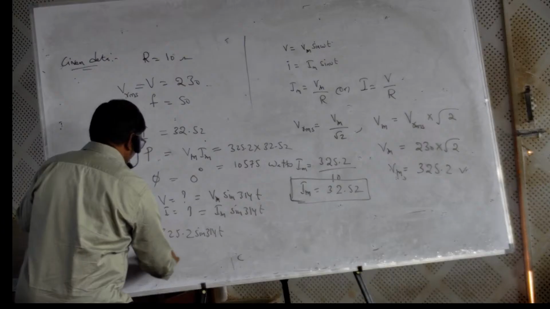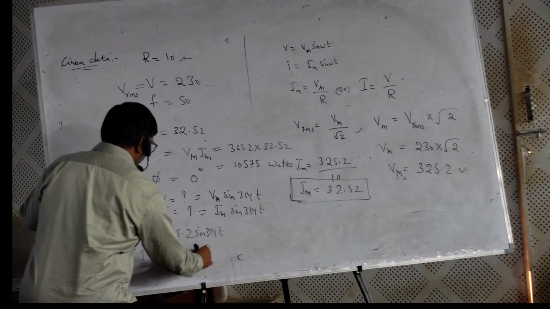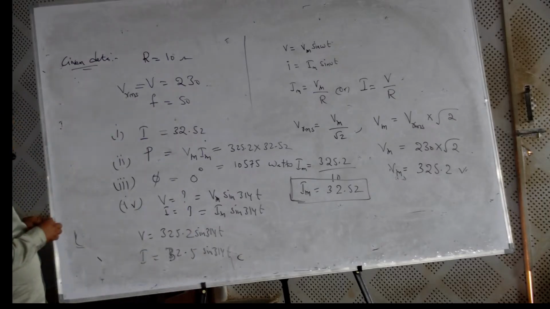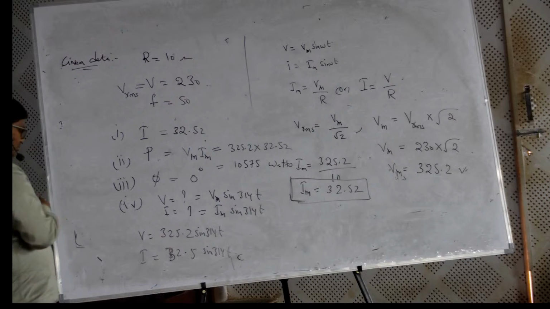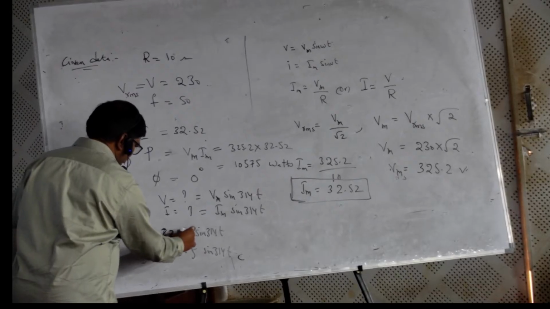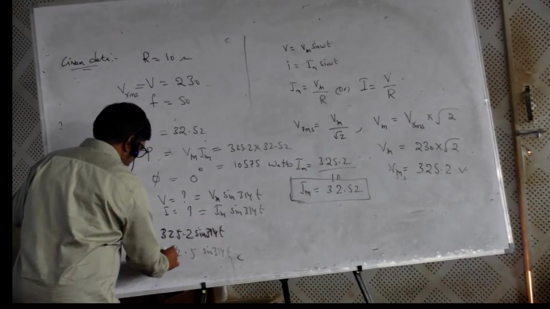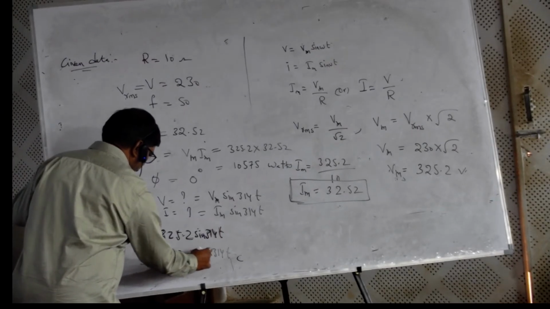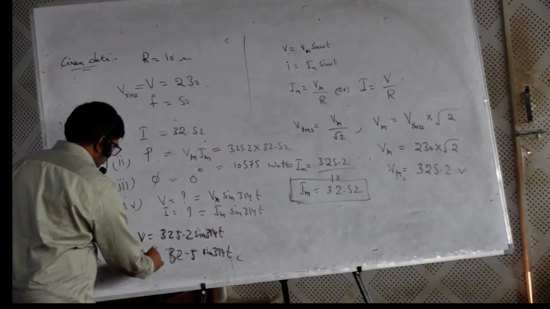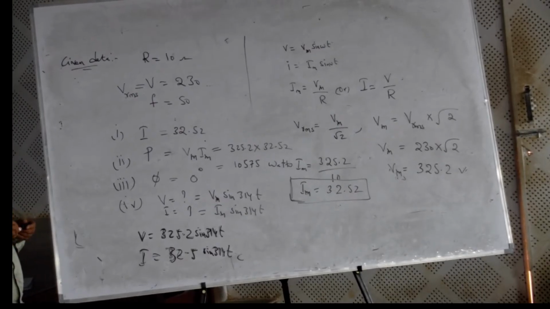I is equal to 32.52 sin 314t. So these are the equations of voltage and current.